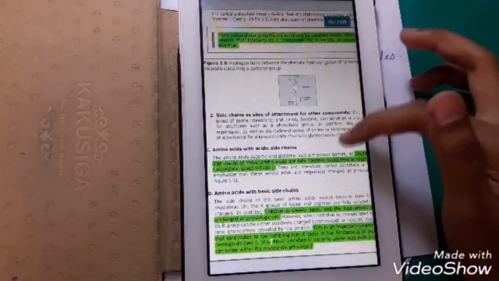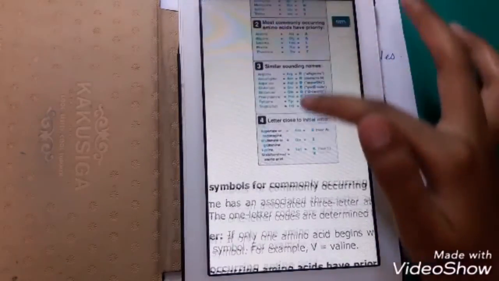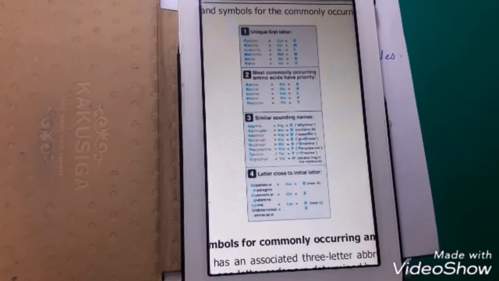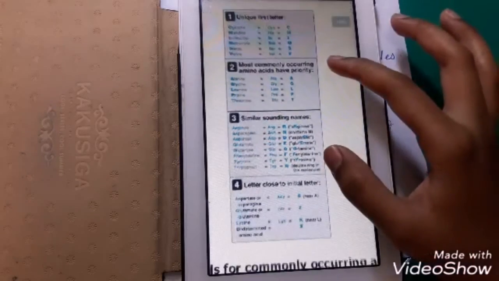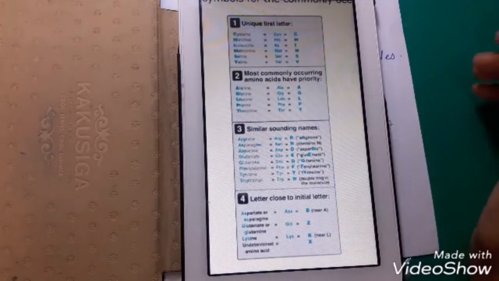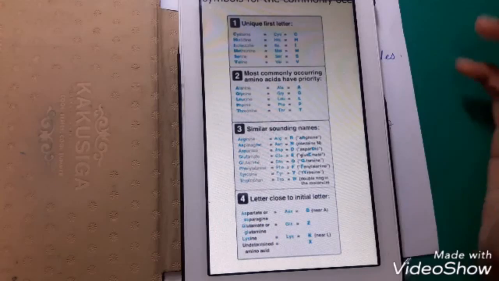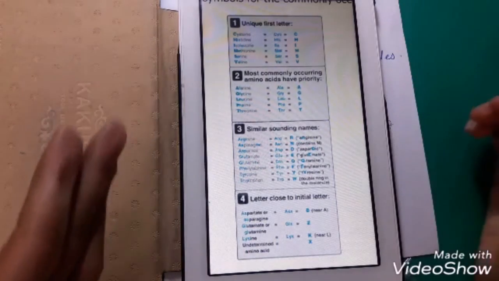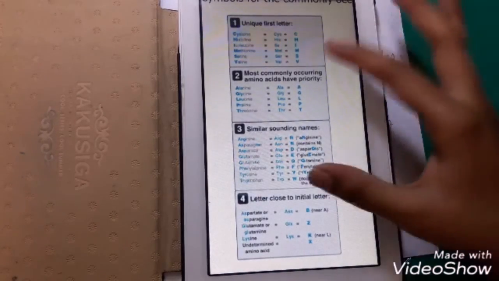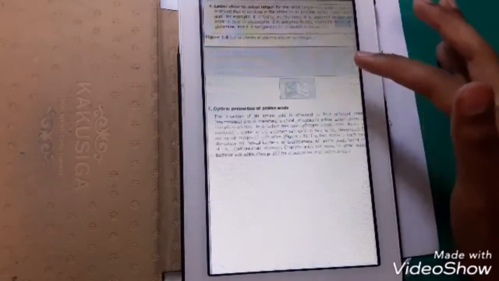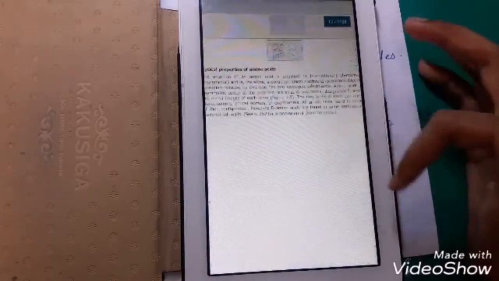And one more thing I have to show you is it has the unique letters for each amino acid. You may have these questions in your exams. So this table is quite easy to learn, and it has each and every amino acid in it. So we can just go through it twice, thrice, and we will get all the letters related to each amino acid.